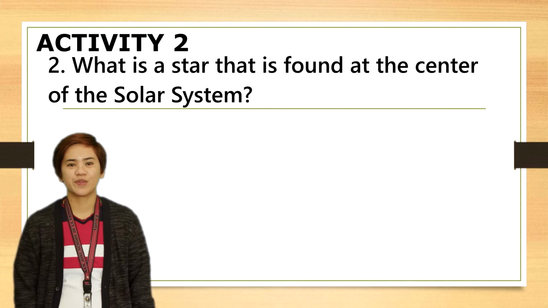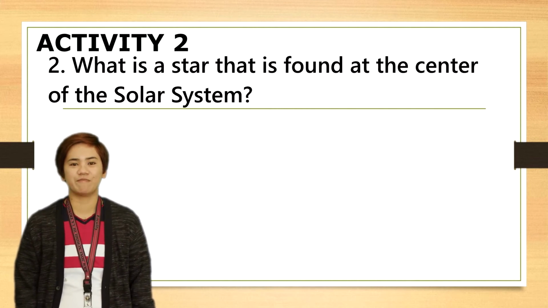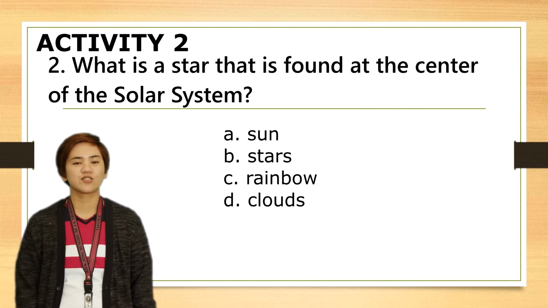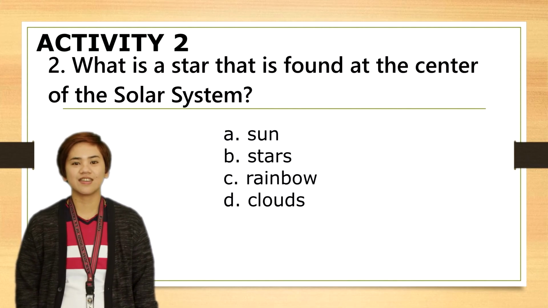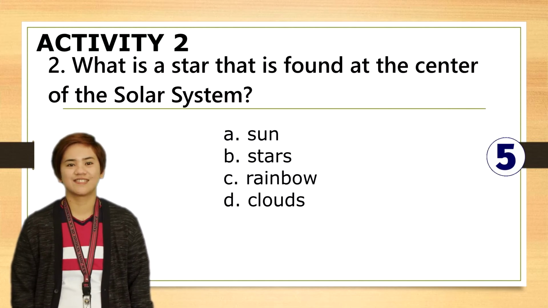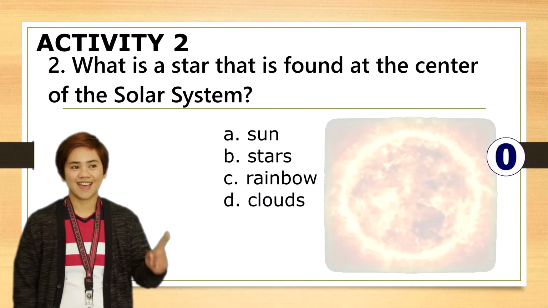Number 2. What is a star that is found at the center of the solar system? A. Sun. B. Star. C. Rainbow. Or D. Clouds. Excellent.